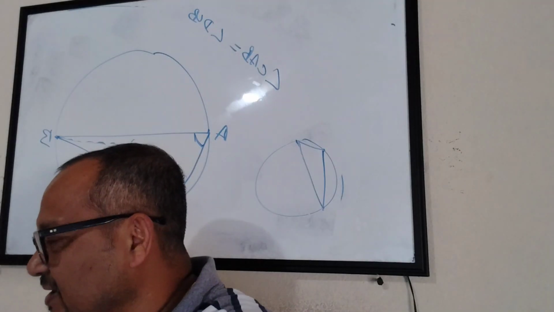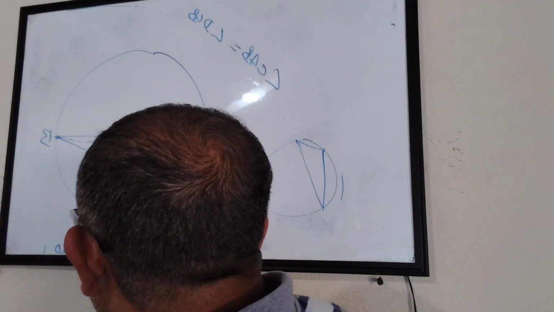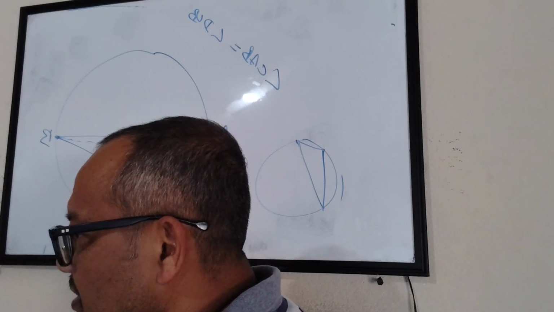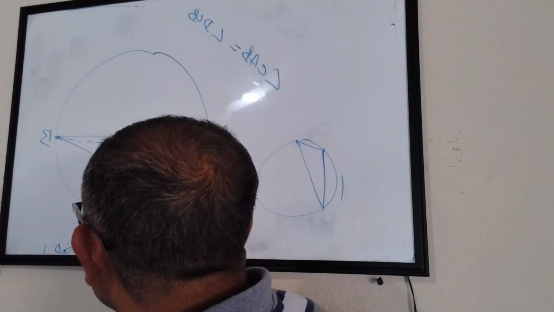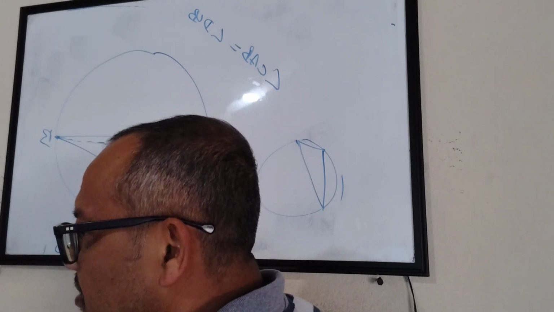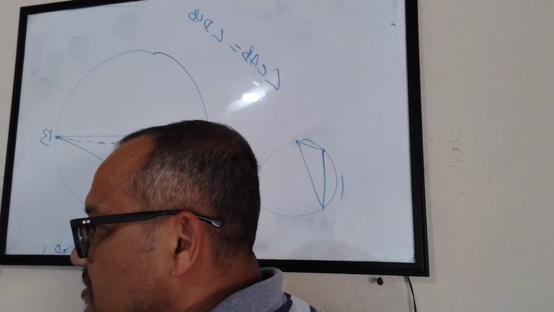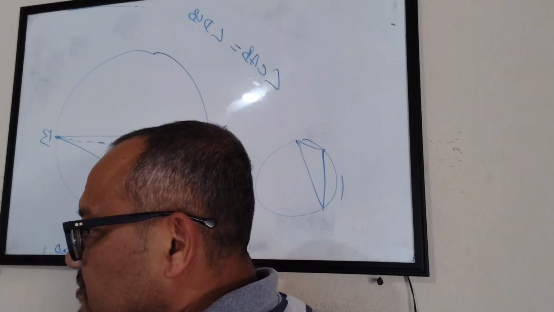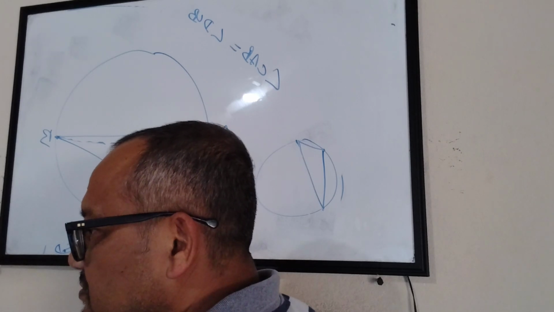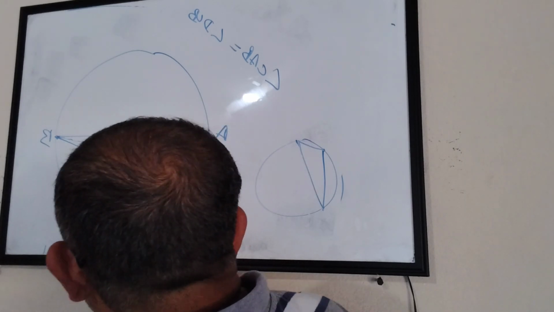Yeah. So in this, you already have one side between both the angles. You already showed us one of the theorems where if two tangents meet at a point, they're equal. But we don't have 2 tangents here.